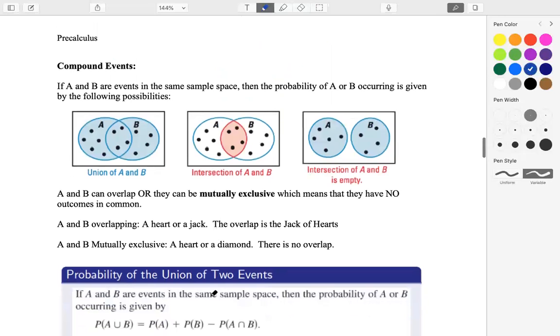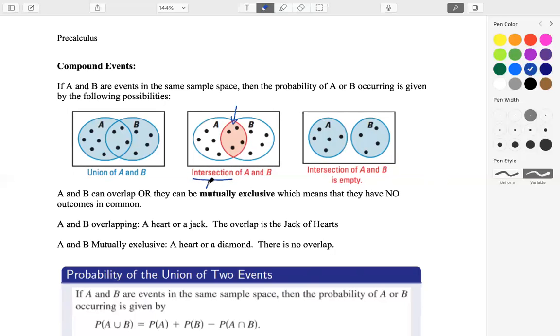All right. Next idea in probability is compound events. So if A and B are events in the same sample space, then the probability of A or B occurring is given by the following probabilities. Okay. So we have a couple cases. Events A and B can overlap. If they have an overlap, that overlap is called the intersection, okay?